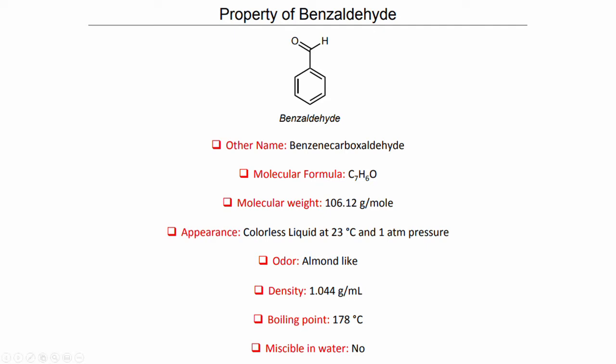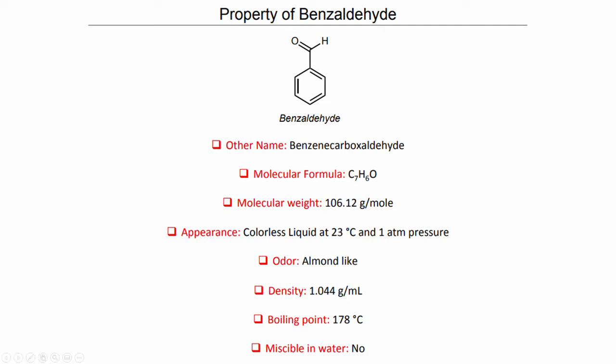And something fun about benzaldehyde is it's what gives that almond-like odor. We can actually use benzaldehyde to give that odor and flavor to candies. It is the chemical that is used for that almond-like smell and taste.